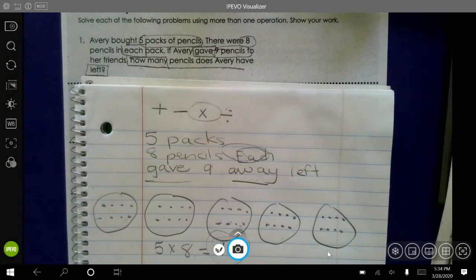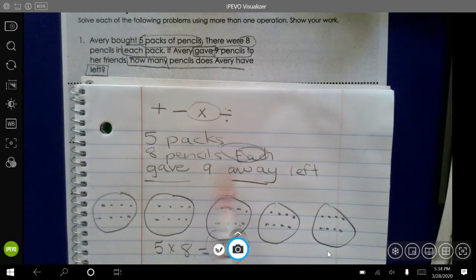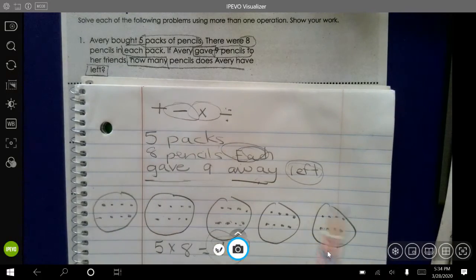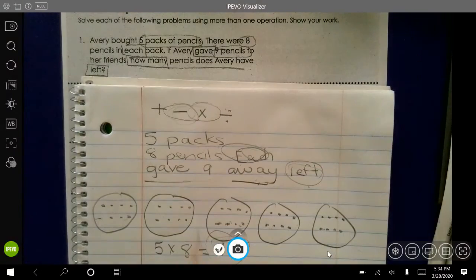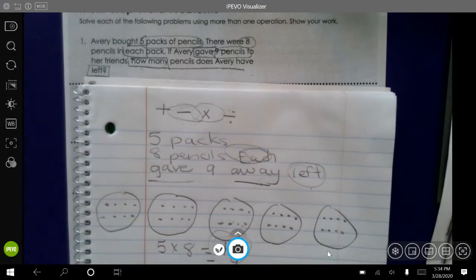She then gave 9 pencils away. We want to know how many she had left. Away lets us know we need to use subtraction. Left also lets us know we need to use subtraction. So we have 40 pencils and she gave 9 of those pencils away. Okay.